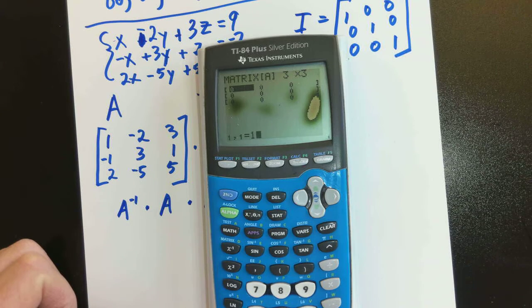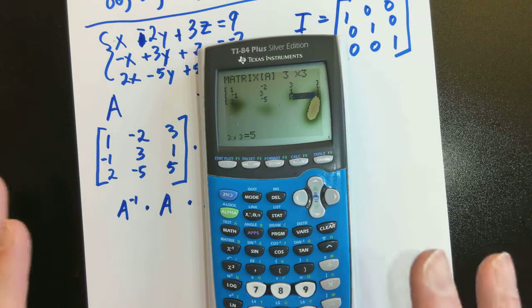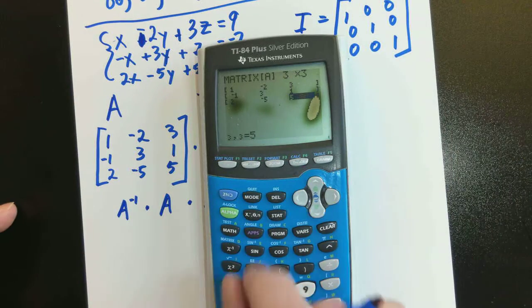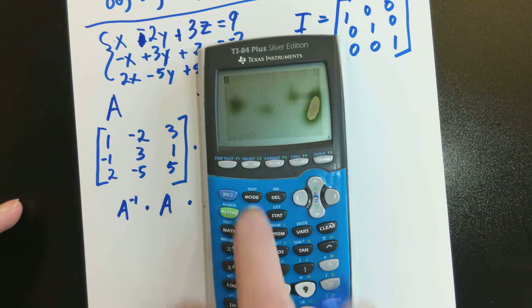And I'm going to put 1, negative 2, 3, negative 1, 3, 1, 2, negative 5, and 5. Now I've got that entered, and I'm always having to go in and out of matrix mode. So I'm going to quit, second, quit.